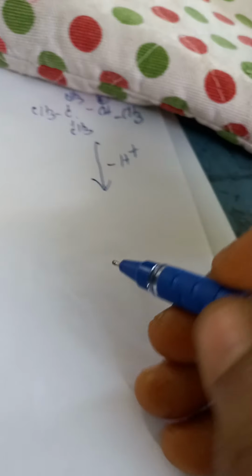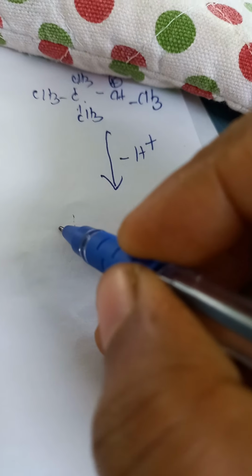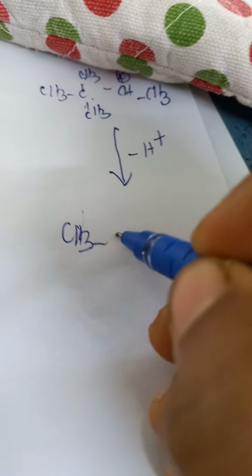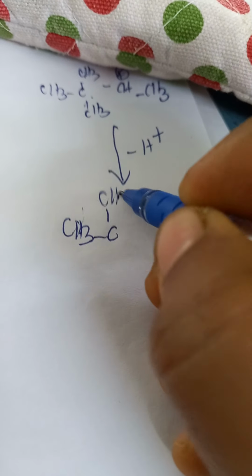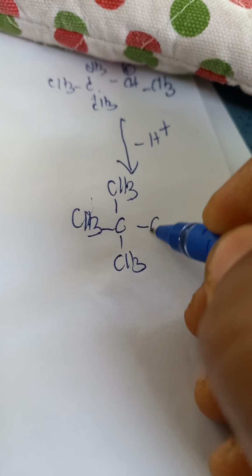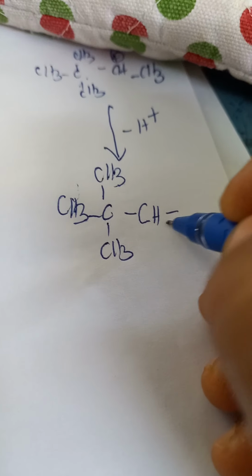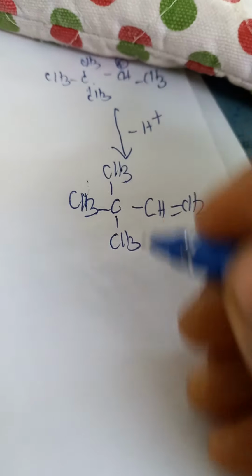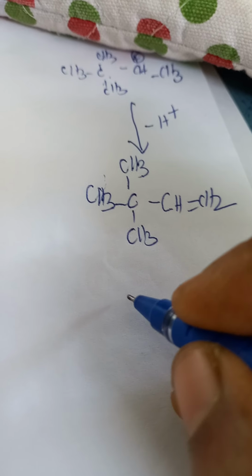So from here one hydrogen is removed. What is the product? CH3, C, CH3, CH3, CH=CH2. This is the compound we are getting.